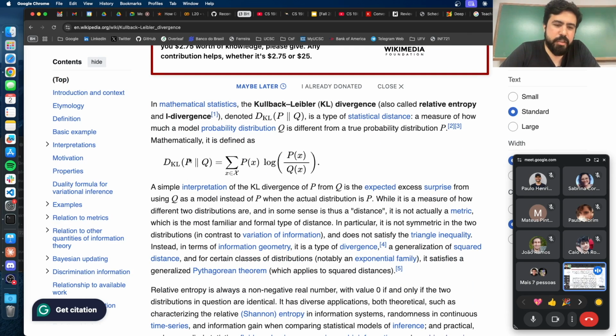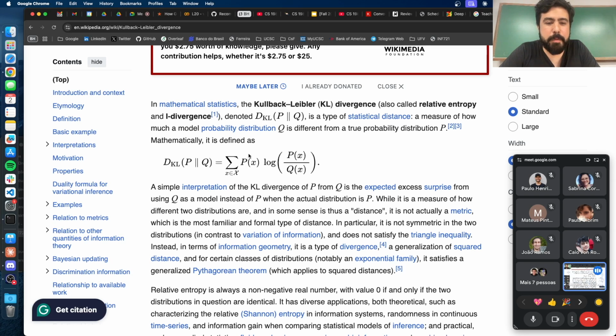So if I have a distribution P and a distribution Q, we denote this by KL divergence of P compared to Q, right? You're going to sum over all values of our distribution, so all the classes you can have in your universe. Let's say it's heads or tails, so you have just two x's here.